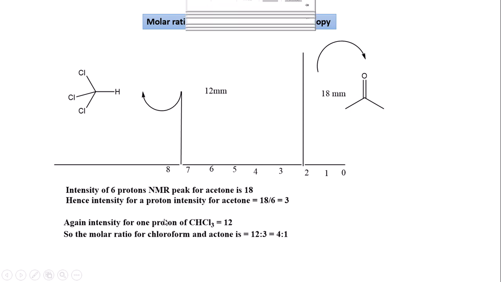Now we go to the numerical problem, the molar ratio calculation. The given problem is that in the case of acetone, the signal intensity is 8 millimeter in height, but in the case of chloroform, the signal intensity is 12 millimeter. If we calculate the intensity for only one hydrogen: for chloroform, one hydrogen gives an intensity of 12 millimeter, but for acetone, 6 hydrogens give an intensity of 8 millimeter.